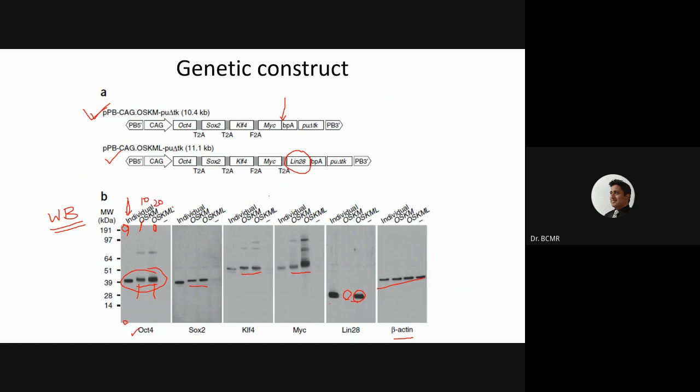Then you would find this. How would I know if it is more expression or less expression? That we can figure out if we are performing controls like this. We should have added an equal amount of protein in all the cases. Then we know that there is more expression, more concentration of that protein in the given sample.